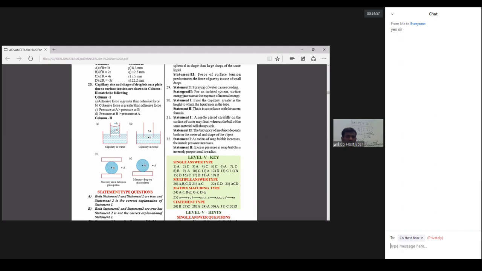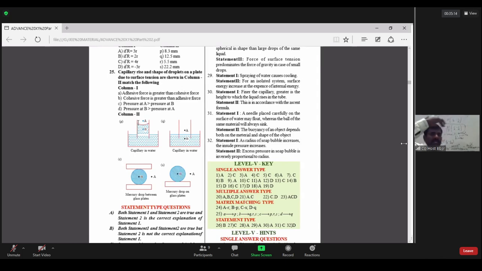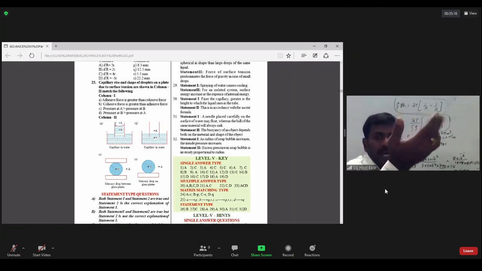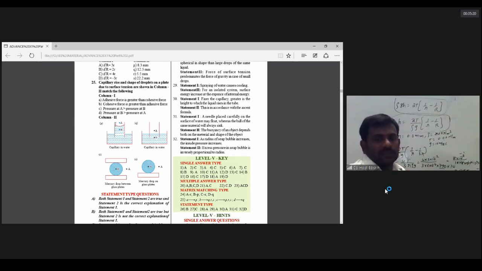They have given one is the atmosphere, one is the liquid. Seen here, the meniscus is a concave shape due to the adhesive forces being greater than the cohesive forces. Adhesive forces at A, outside and liquid. At B, always be cohesive.